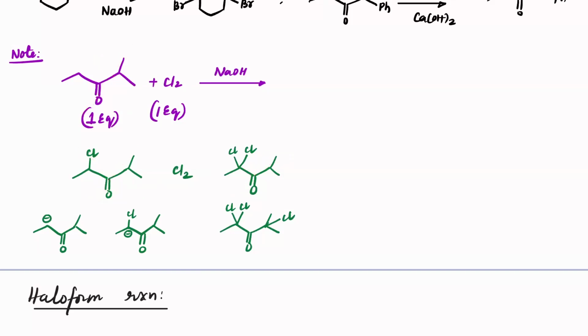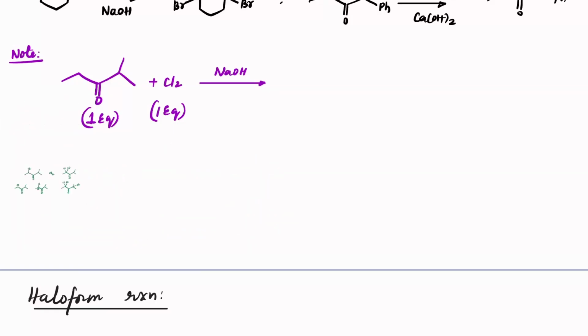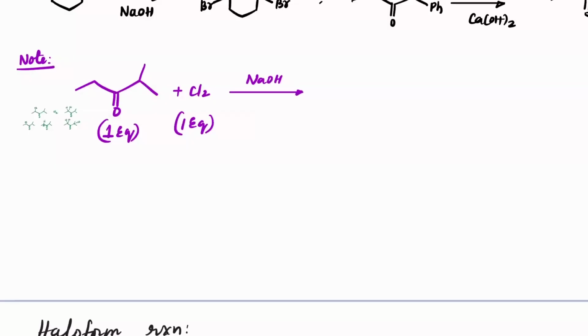That's the reason why, whenever a chlorine or halogen is being added here, you need to imagine as if all these chlorines would utilize every location possible with one molecule only.